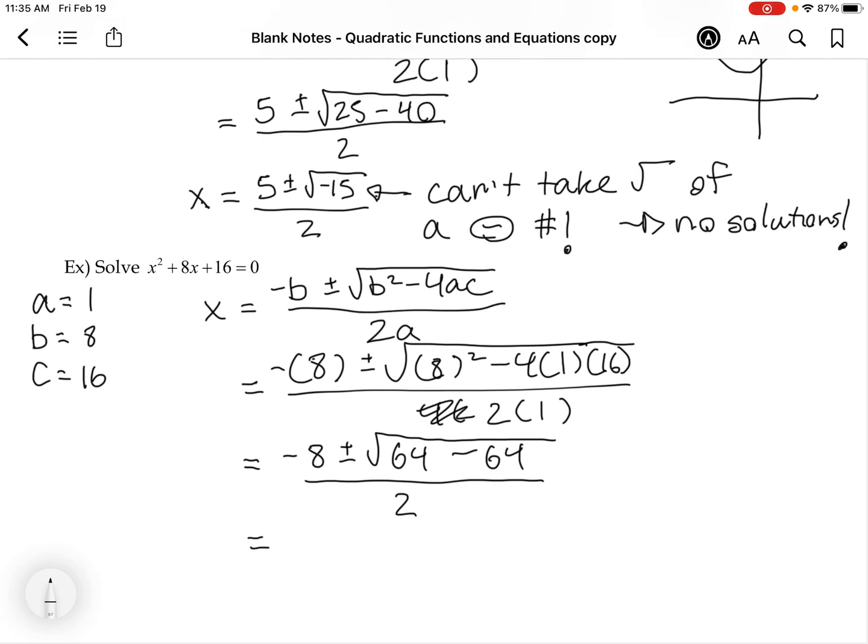Okay, well, 64 minus 64 is 0. So the square root of 0 is 0. So this radical part just disappears. That means x is just going to equal negative 8 over 2, which is negative 4. Okay, so we only get one solution.